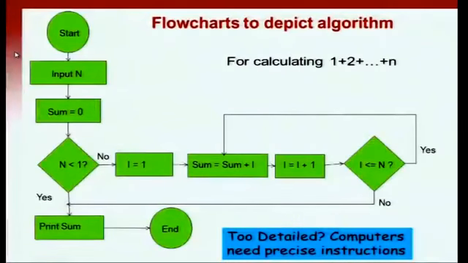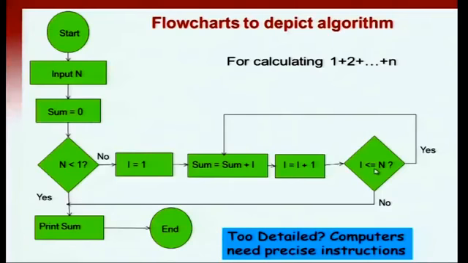Okay. So let us look at a flow chart to depict a mathematical algorithm, and we will use this flow chart to explain certain conventions about how algorithms can be described. Every flow chart will have a start and an end, and it will have a finite number of boxes.